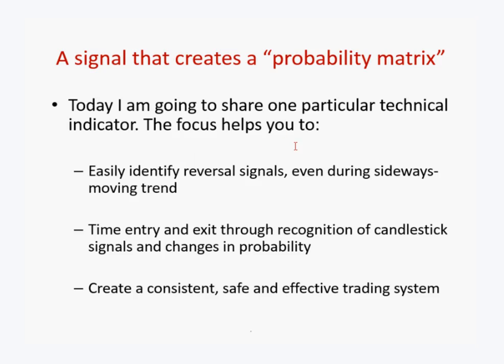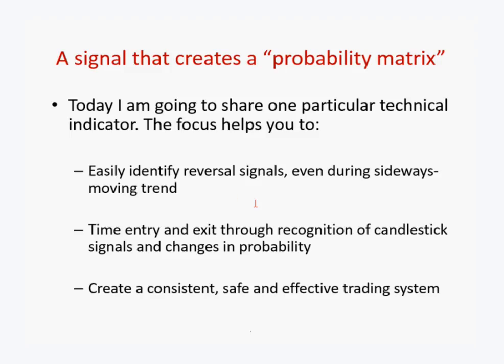So I call this a probability matrix. And that's because it helps you in many ways. And there are many things that come out of this indicator, which is called Bollinger Bands. It helps you to see reversal signals very clearly, oftentimes more clearly than you would just in a dynamic bullish or bearish movement.